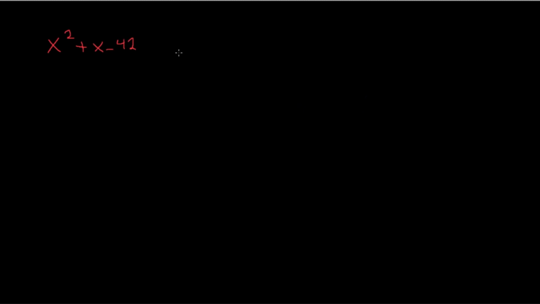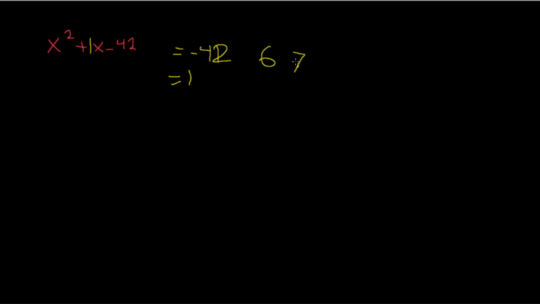So something times something equals negative 42 and adds to positive 1, because that's what's right here, positive 1. Even though it doesn't look like there's anything there, it's a positive 1. Negative 42 would be 6 and 7.